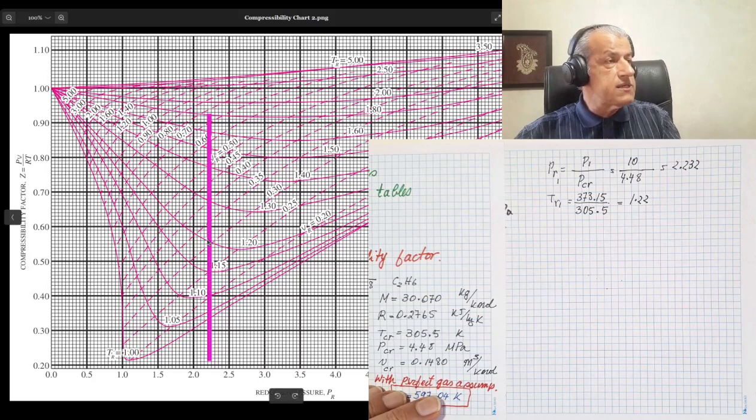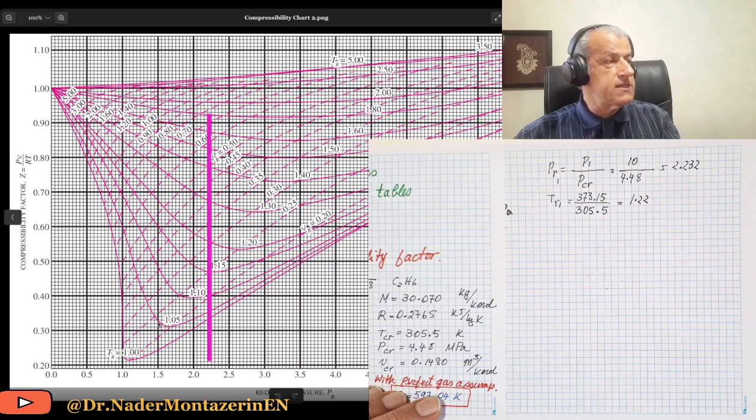You see, this is 1.2, this is 1.3. These full lines are TRs: 1.05, 1.1, 1.2, and 1.3. So we are on a line of 1.22, somewhere around here. And I have just put it down with a green star. This is our point 1 on this chart.